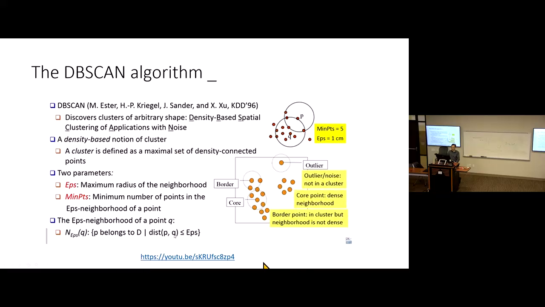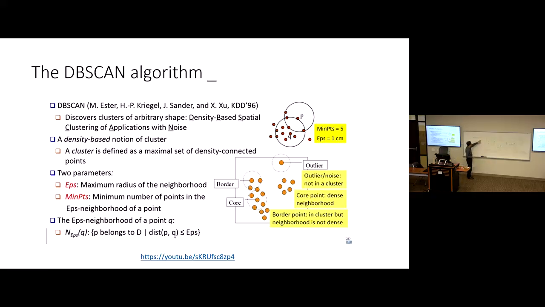I will play a video rather than just explain this. So they have the idea of two parameters, okay? You need to design the radius of the neighborhood. So you start by designing this small radius of the so-called neighborhood. You can have a lot of neighborhoods if you have a small radius. Then you need another hyperparameter.